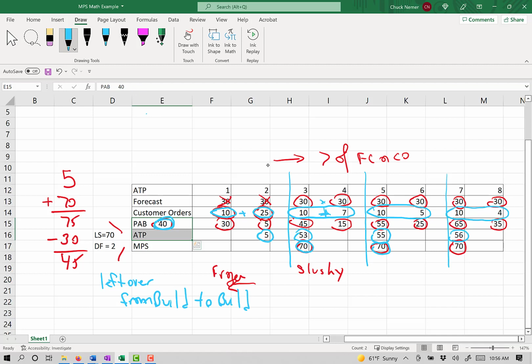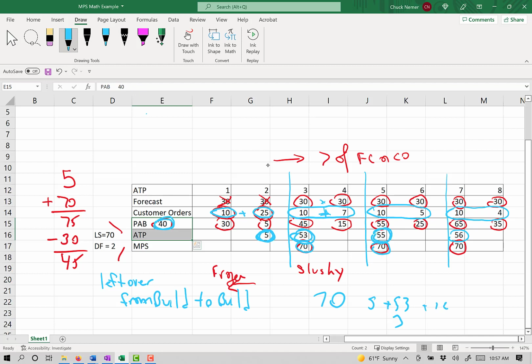So what that means from a customer order standpoint is if I call you up and say, I'd like 70 of these, how fast could I get those? You can say, well, I can give you 5 right away. I've got 5 left over from this build that's uncommitted. I can give you another 53 in period 3, and the balance of that, the 12 pieces, can come out of the build in period 5.